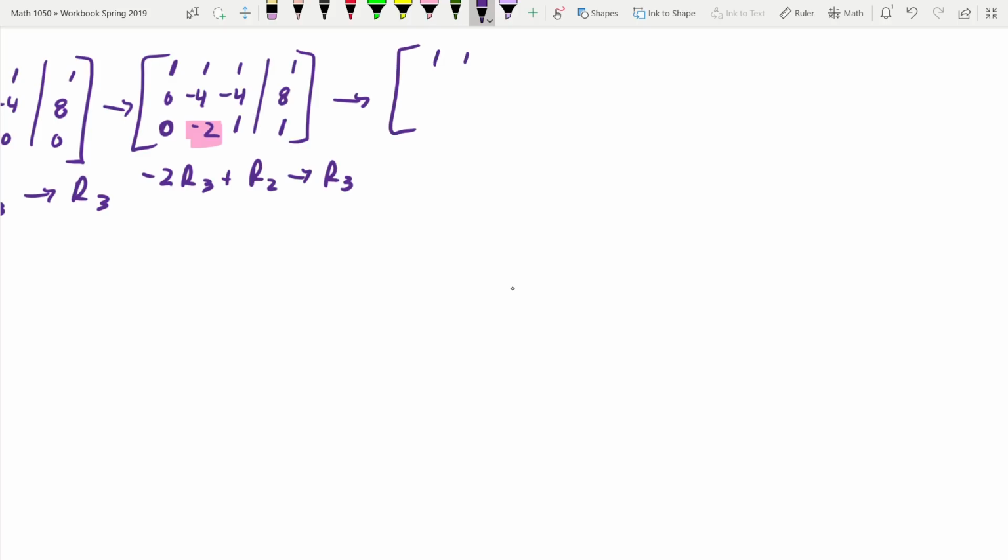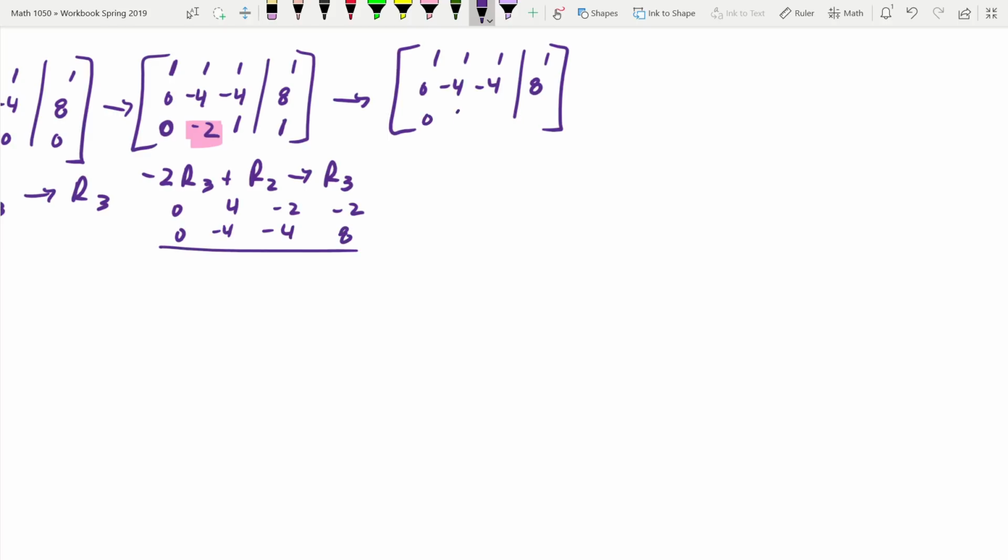So row 1 doesn't change. Row 2 doesn't change. Take a -2 across the bottom and you get 0, 4, -2, -2. Put row 2 underneath it. Add those together and I get 0, 0, -6, and 6. And I can stop.